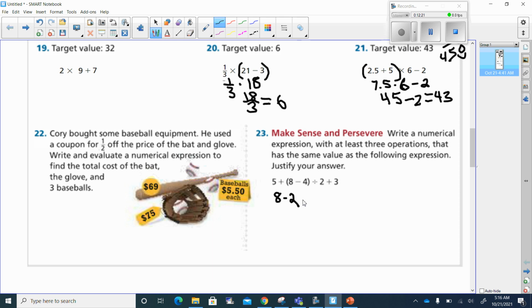And I can say 8 times 2 minus, and in this parentheses, I would need it to equal 6, right, to get the value of 10. So if I want 6, I could go with 36 divided by 6.